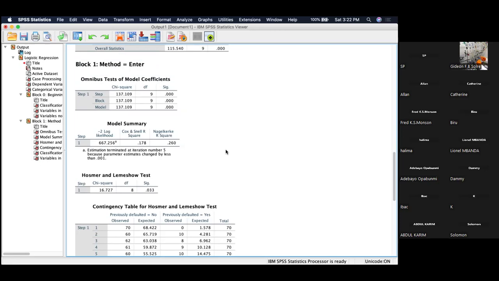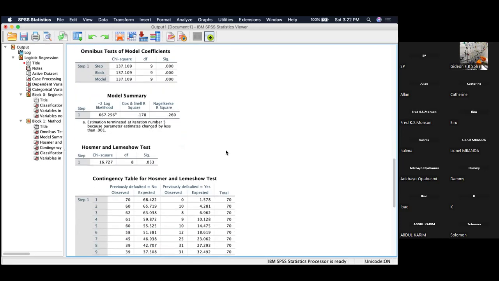Now, the next thing we want to look at is the model summary table. This model summary table is synonymous to the coefficient of determination in normal regression analysis, known as the R-square and adjusted R-square values. It simply explains the variability in the dependent variable that has been explained by the independent variables.